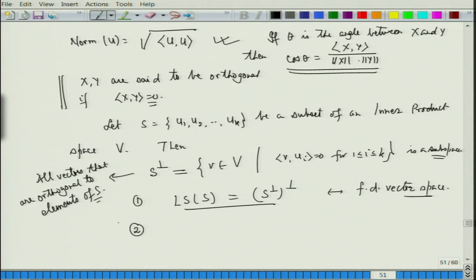Two, what we did at a later stage was that every linearly independent set can be extended to form a basis of a finite dimensional vector space.